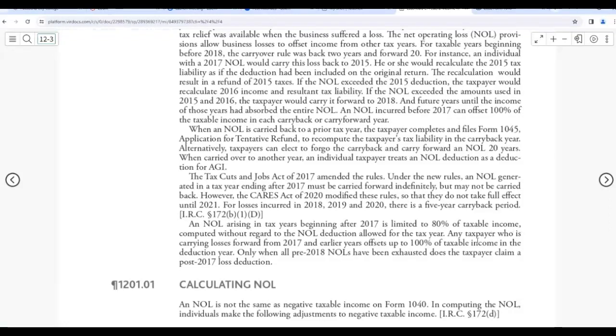And again, software will do it for you. Software will never write it off 100% for you, because when they program it, they know the 80% rule applies since it's year 2022.